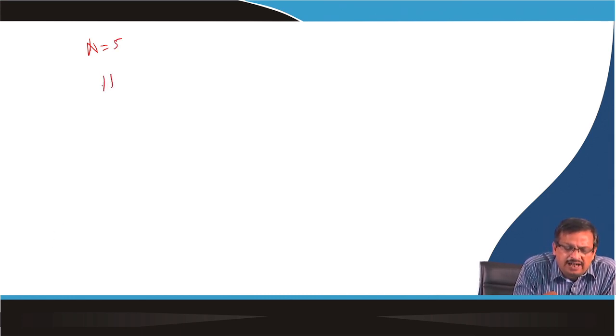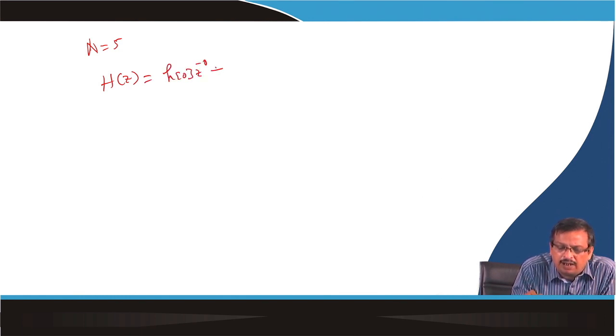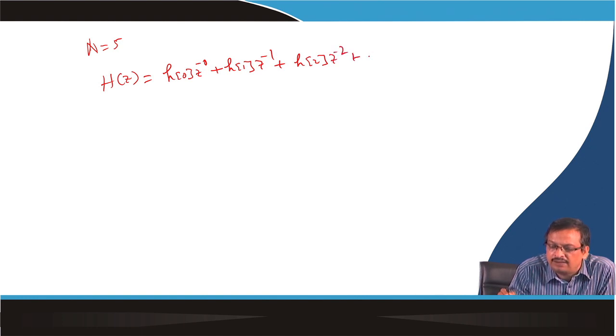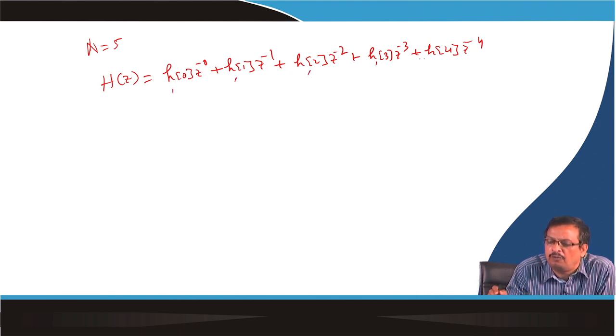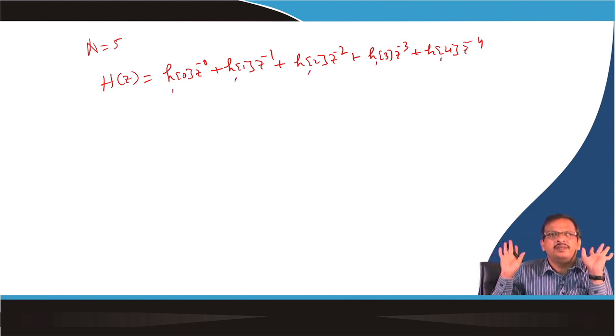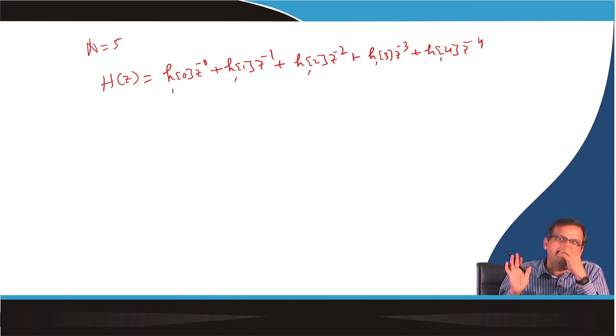So I can say H(z) is equal to H0 z to the power minus 0 plus H1 z to the power minus 1 plus H2 z to the power minus 2 plus H3 z to the power minus 3 plus H4 z to the power minus 4. So 1, 2, 3, 4, 5 order is mentioned, n is equal to 5.